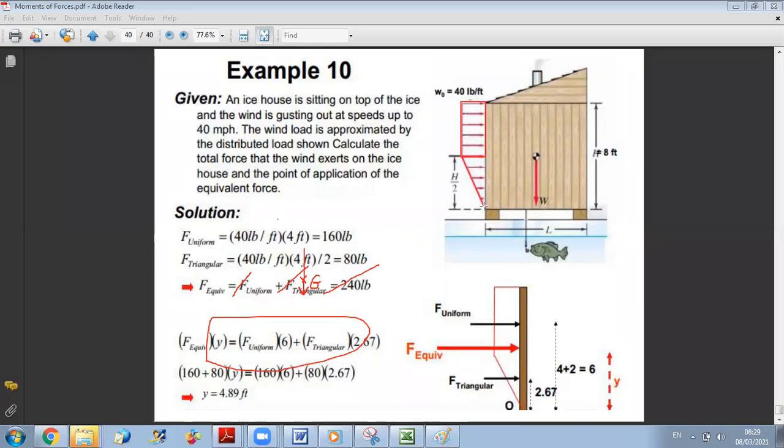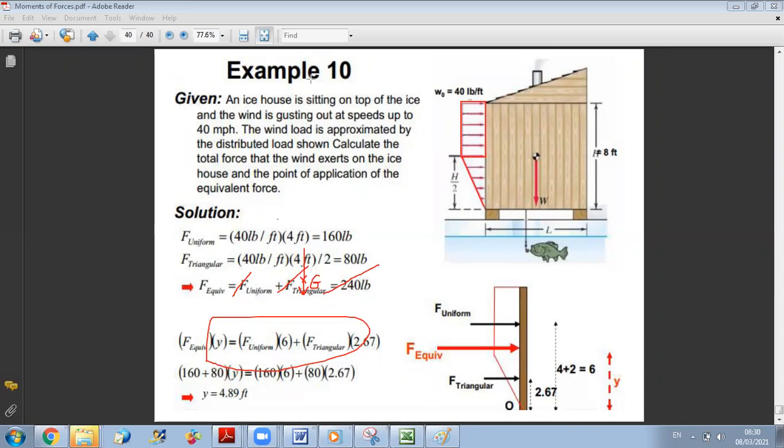Whenever you have several geometries, what you should do first is separate your geometries, and each one can be reduced to one force. Let us start with the rectangular load. We said that a rectangular load can be reduced to a force equal to the area under the curve.